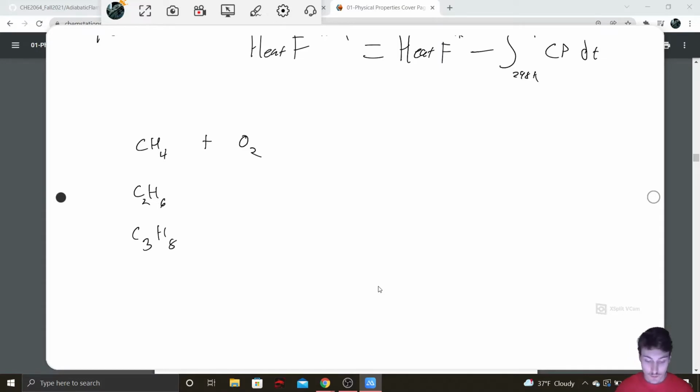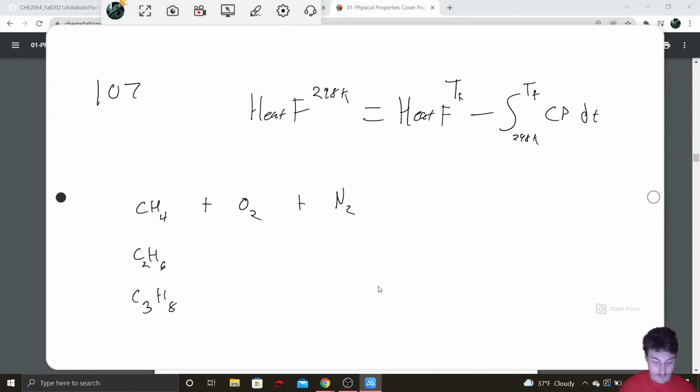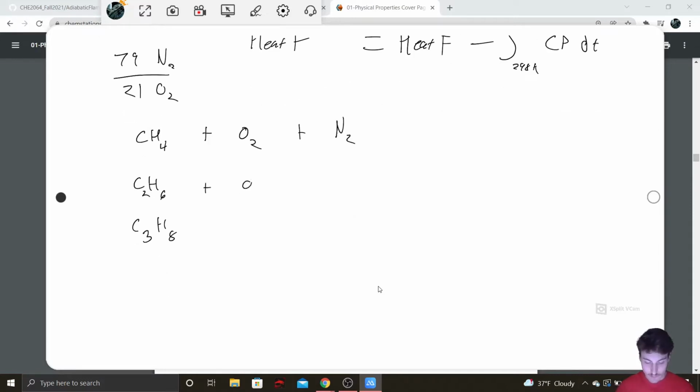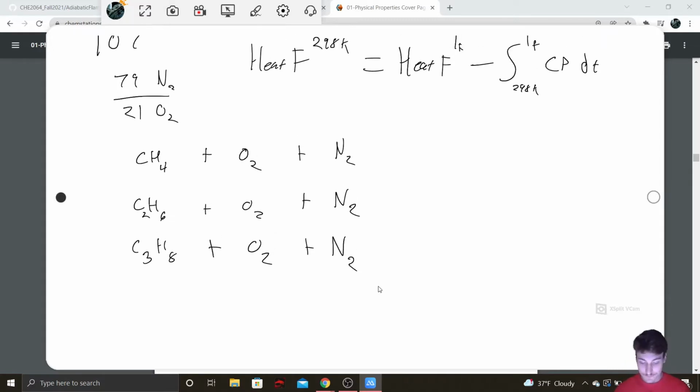So we're going to be combusting it with nitrogen as well. So let me write this up here. So 79 nitrogen for 21 oxygen. So if we do that for all of these, and then we can balance the equation out and see the mole ratios of each individual part.